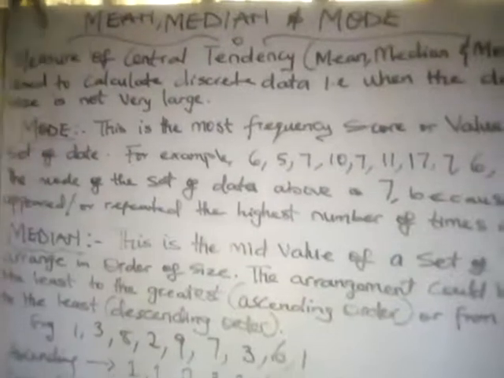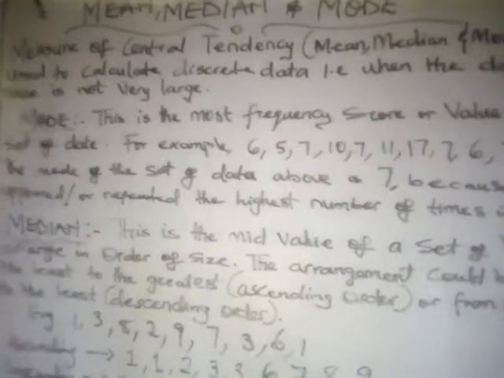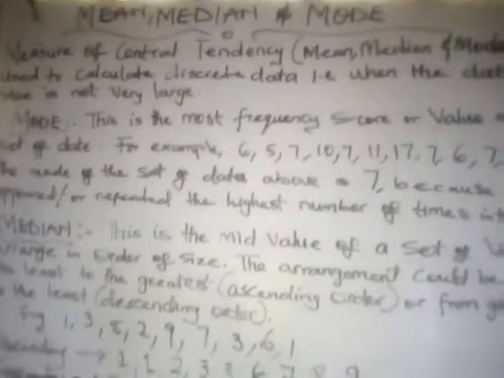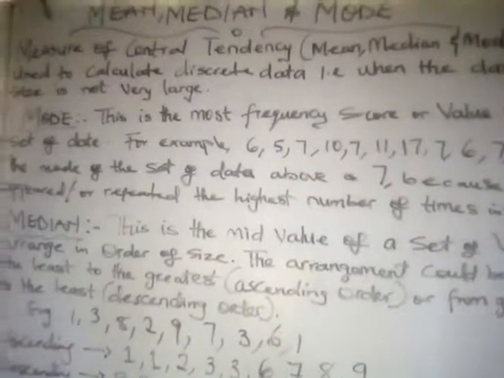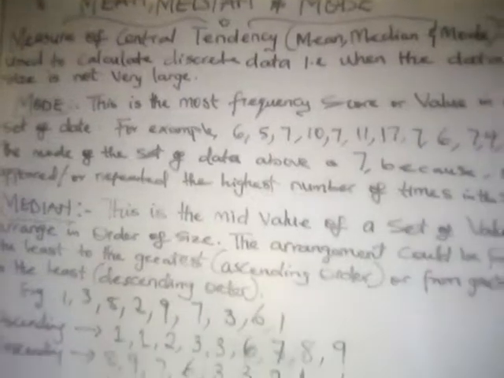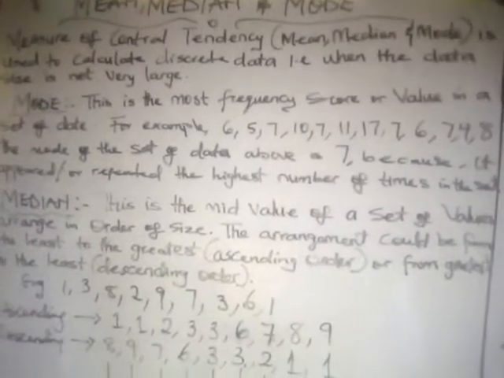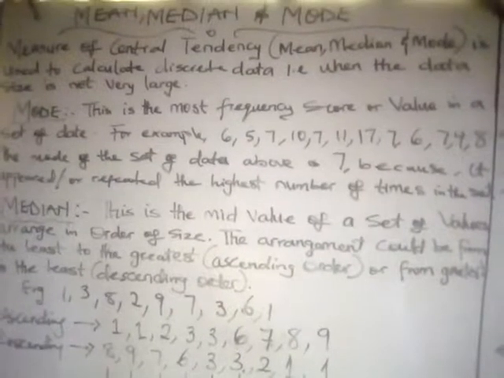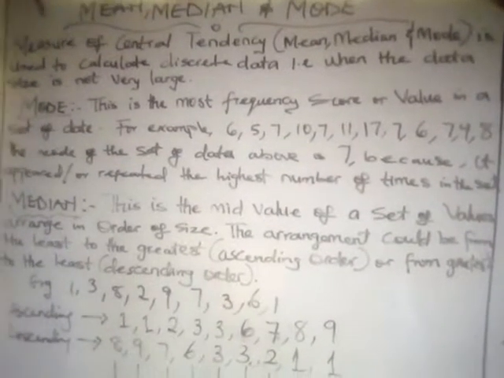The topic is mean, median, and mode. It's one of the very vital topics when you are dealing with central tendency. Central tendency, as a matter of fact, is finding a midpoint in a set of data.